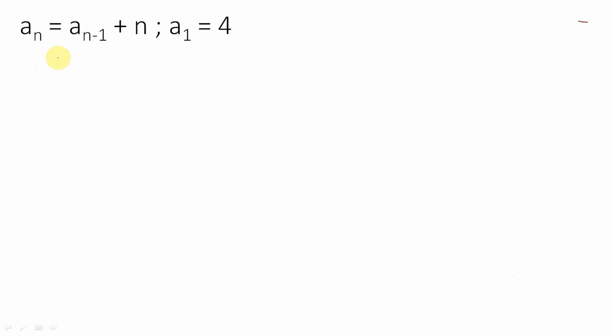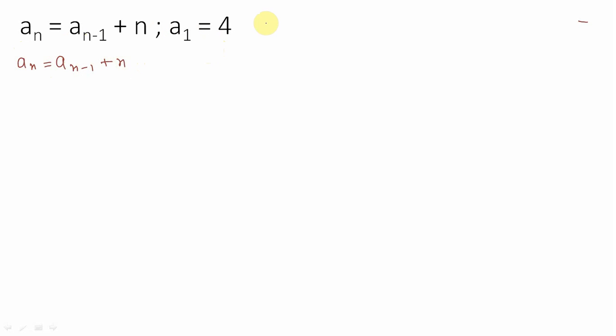The recurrence relation has been given to us as a_n is equal to a_{n-1} plus n, and the initial condition is given to us as a_1 is equal to 4, right? So the recurrence relation is a_n is equal to a_{n-1} plus n.